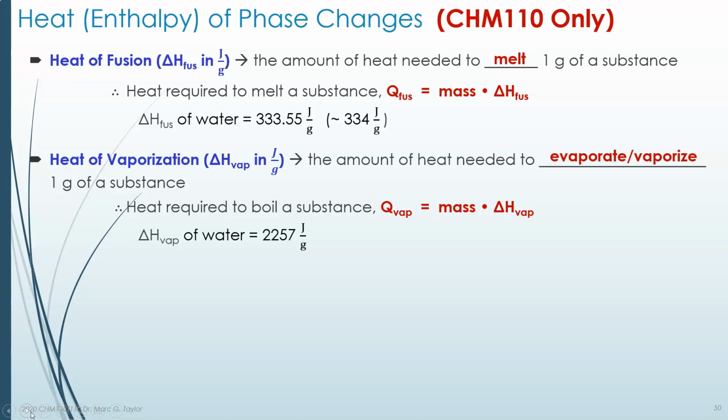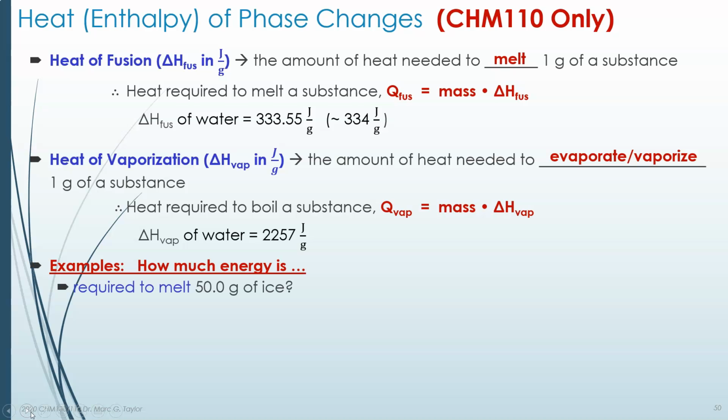Hydrogen bonds are extremely important in water, and it requires a lot of energy to break those bonds up, to go from solid to liquid in the case of fusion, and to go from liquid to gas in the case of vaporization. So let's look at some examples of how you would use these constants.